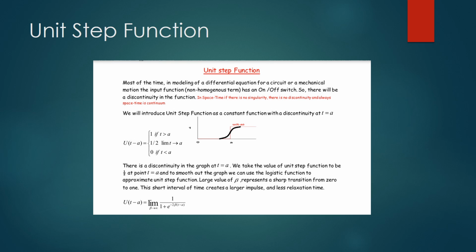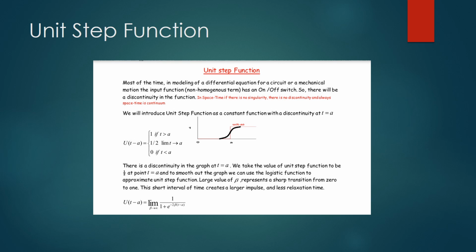It shows that there is a discontinuity in the graph at t equals a, and we take the value of the unit step function to be 1 over 2 at the point t equals a. When t is greater than a, the graph shows that the value is equal to 1.